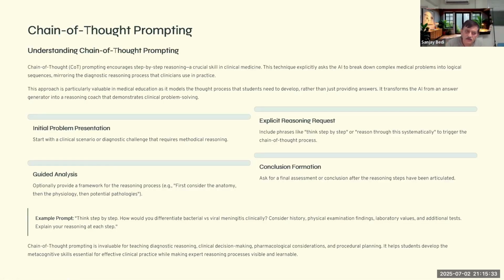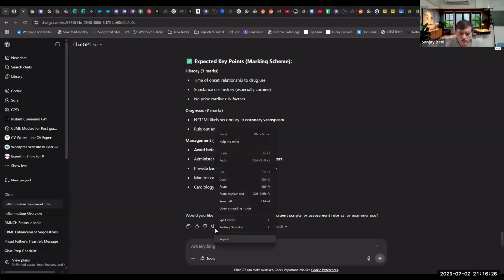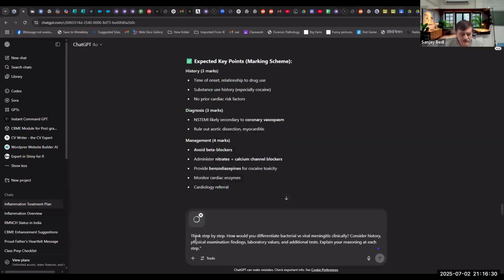So we give the prompt in stages. So we'll just show you. If we write, think step by step. How would you differentiate bacterial versus viral meningitis clinically?